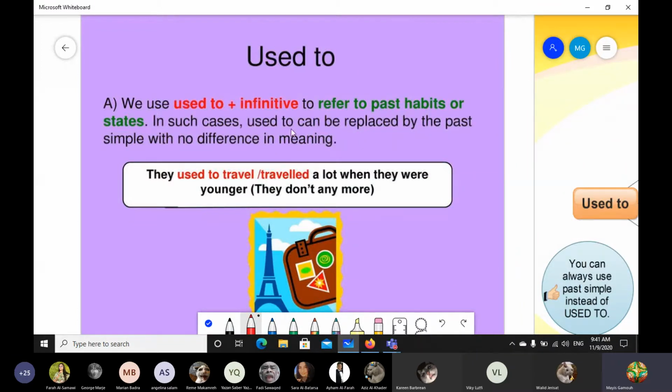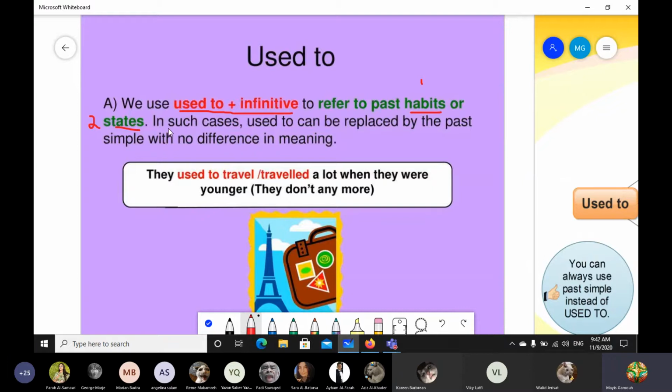In such cases, used to can be replaced by the past simple with no difference in meaning. Pay close attention here. Used to plus infinitive, first of all, I use it for past habits, which are actions or states. So I can use used to for actions and states that happened in the past.